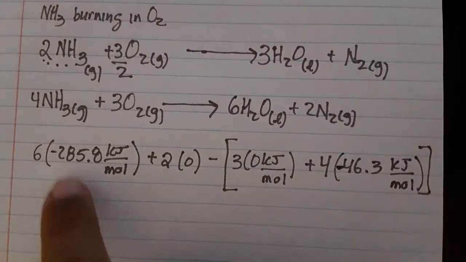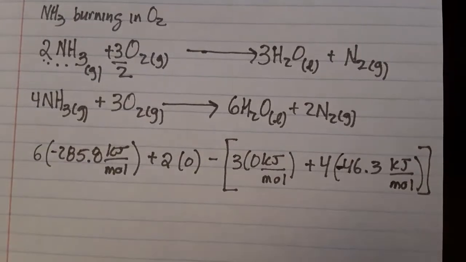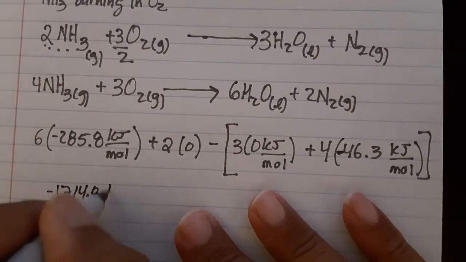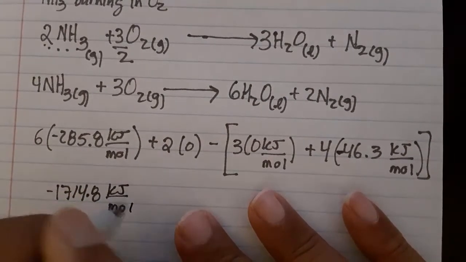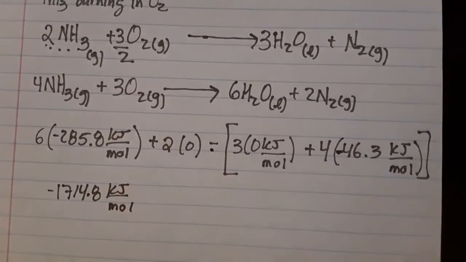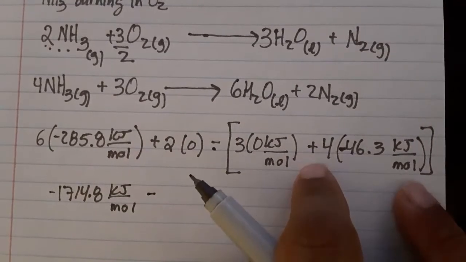All right, doing this math, we have 6 times minus 285.8, which on my calculator computes out to minus 1714.8 kilojoules per mole, plus 0 minus 4 times a negative 46.3. So let's be careful in our math here.